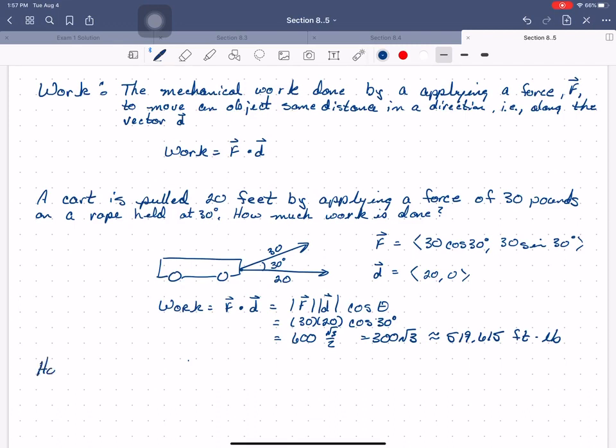Now, a slightly different question is, how much of the applied 30-pound force goes towards moving the cart forward?